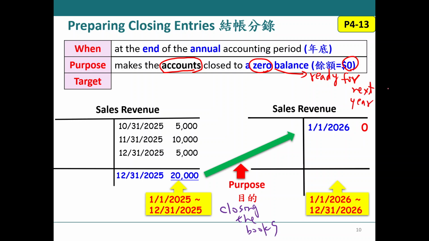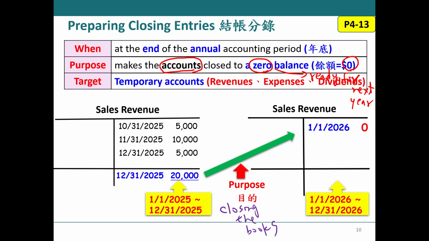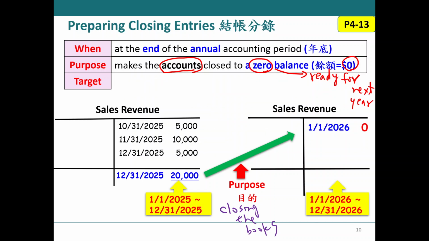Okay? Some accounts, which accounts? Revenue, expenses, dividends, right? So which accounts? Revenue, expenses, dividends. So revenue, expenses, dividends, they are our temporary accounts, 临时账户.